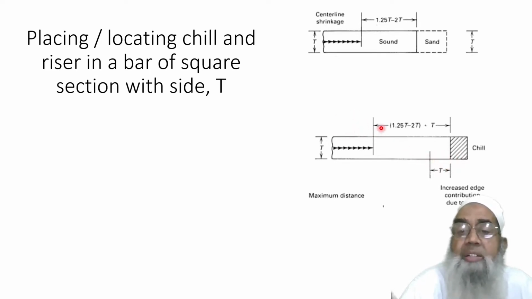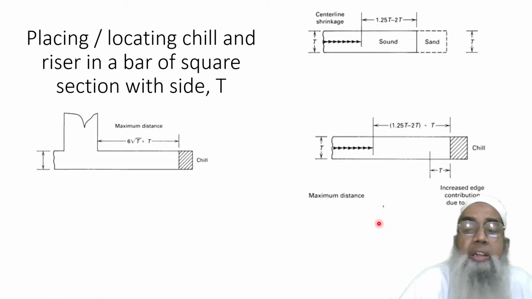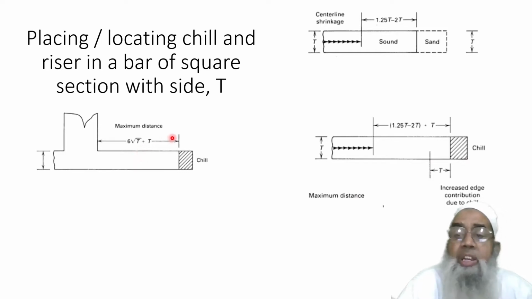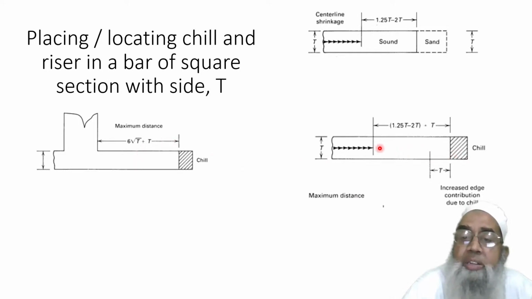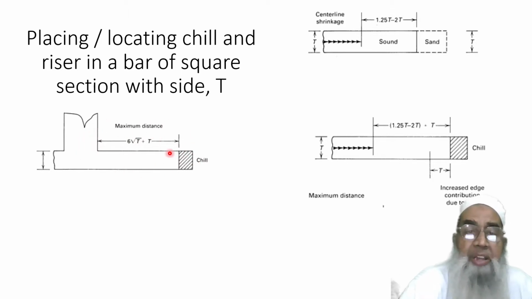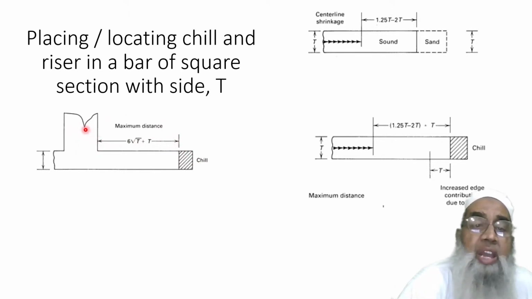If a riser is there, this value is 6 root t for the riser plus t for the chill, and therefore the maximum distance is enhanced if a chill and a riser are used.